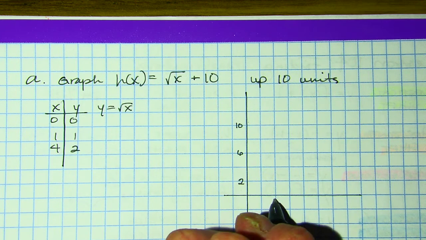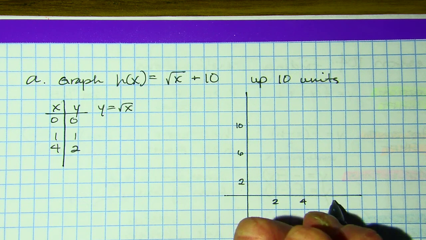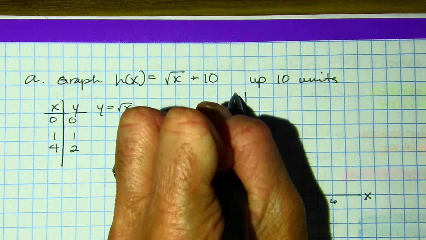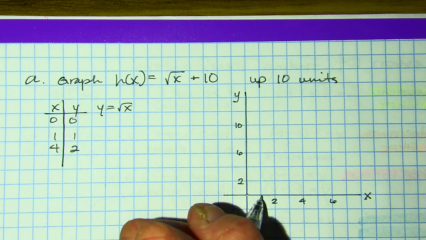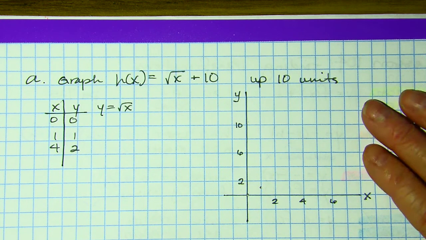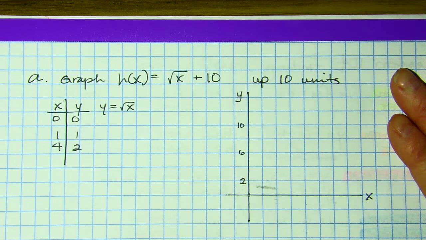And so I'm going to have to go by 2, 4. Okay, so I changed my scale. Here's my x-axis, here's y. So I'm going to graph this parent function, 0, 0. This would be 1, 1, and I probably should have adjusted. I should have made this on the same scale to make this less confusing for you guys.